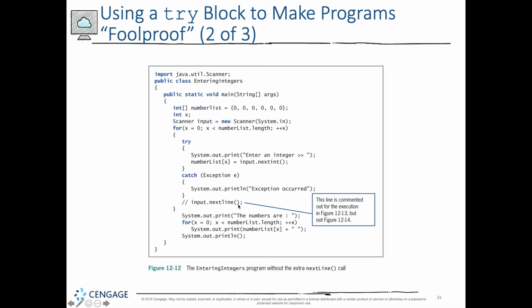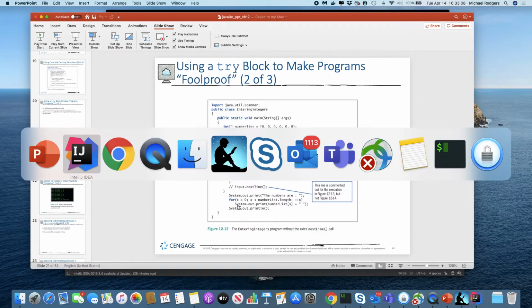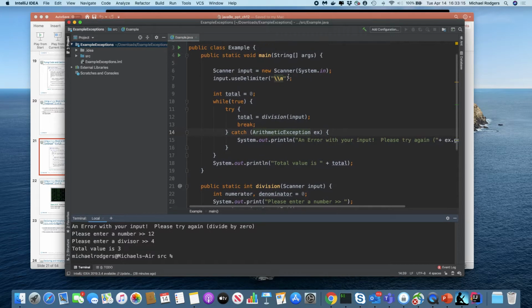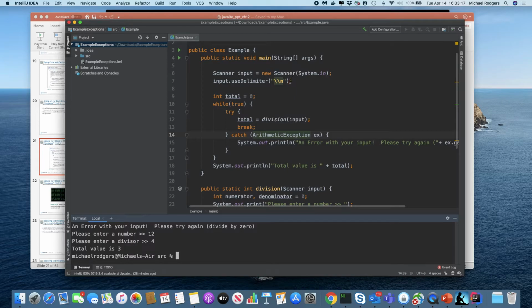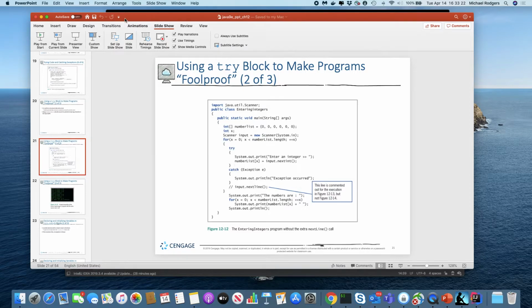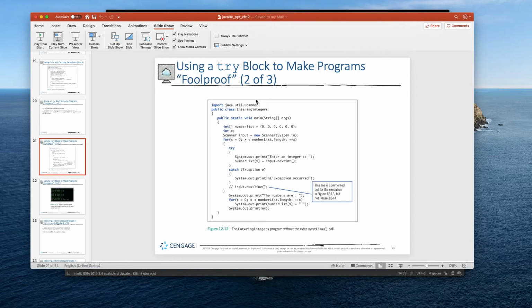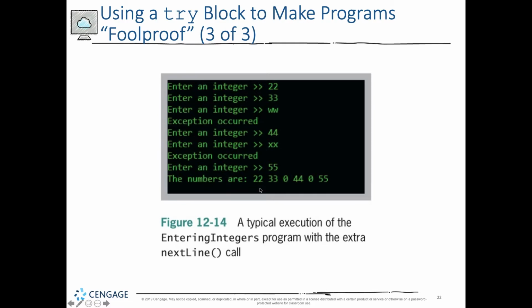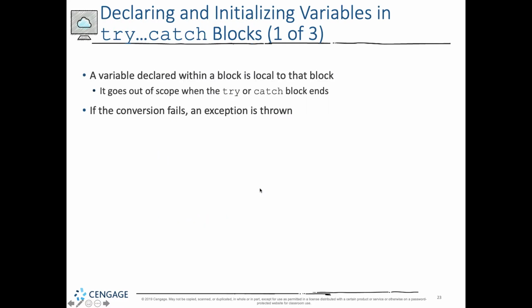And the reason they do that, in our sample code that I showed you a minute ago, I use the delimiter because I think that's more readable and it handles things better. But if you don't delimit by new line, then you have to do this scenario where you're getting the next input line. Okay. All right. So there's what happens.